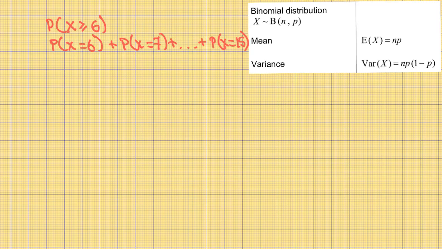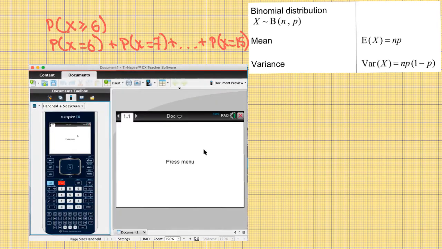Again, we can do it on a GDC. Of getting 6 or more sixes when a dice is rolled 15 times, you use binomial CDF.